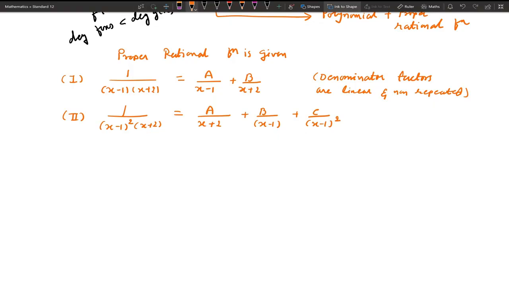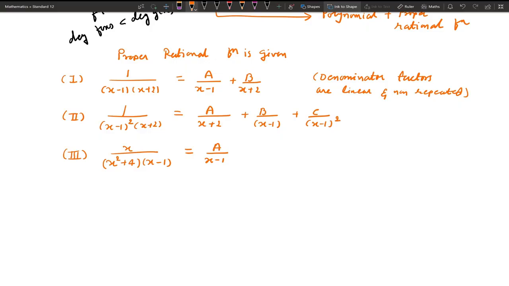And third one, in denominator when we have quadratic and irreducible factors. For example, x upon x square plus 4 times x minus 1. So x minus 1 is linear and non-repeated, so by case 1 the expression will be of the form a upon x minus 1.